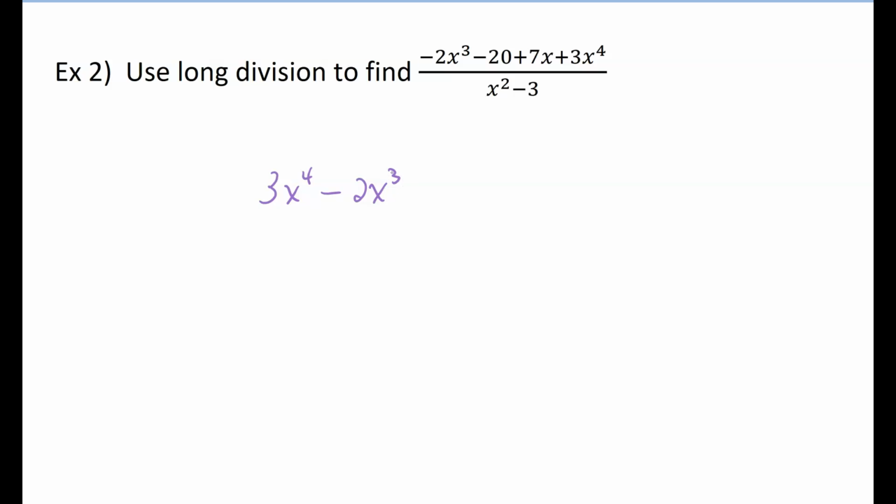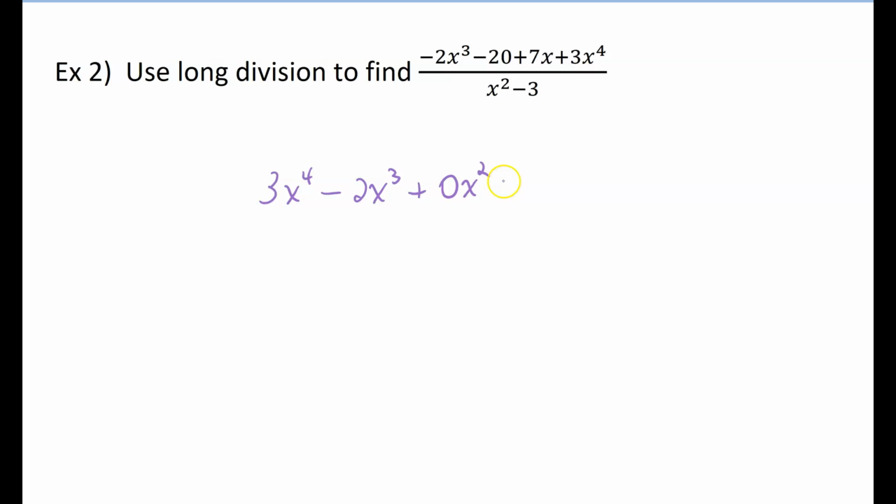Do I have an x squared term? I don't. So since I don't have an x squared term, what I'm going to do is put in a filler for it. All right, so I'm going to go ahead and put in a plus 0x squared. Okay, and that's sort of a placeholder. All right, do I have an x to the first term?